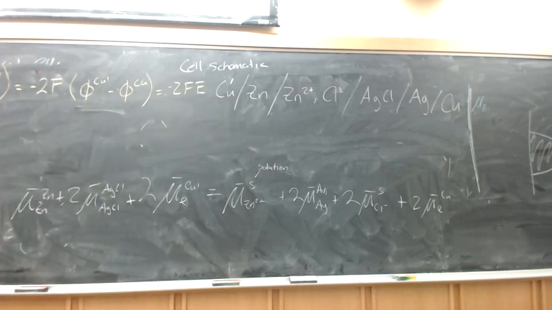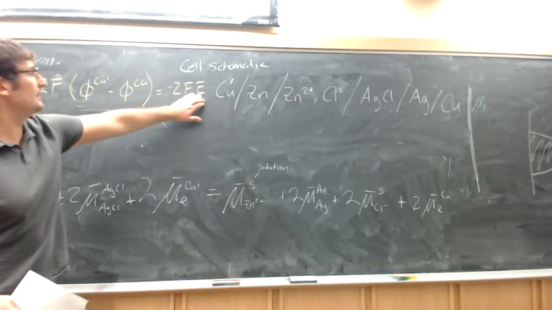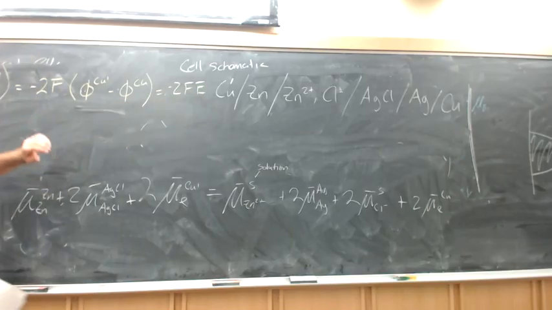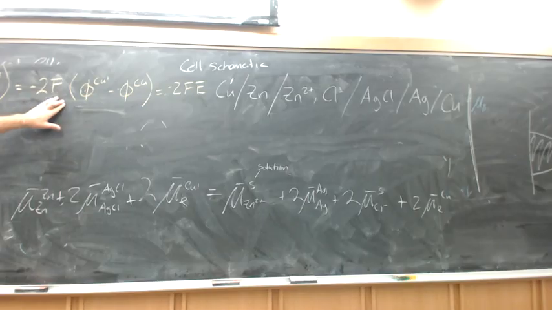So you can kind of see this right away. This is sort of the free energy of the electrons, right? And if I want to convert that to a potential, I need to account for the number of electrons and for Faraday's constant, the charge per mole, because we're going from an energy to a potential.